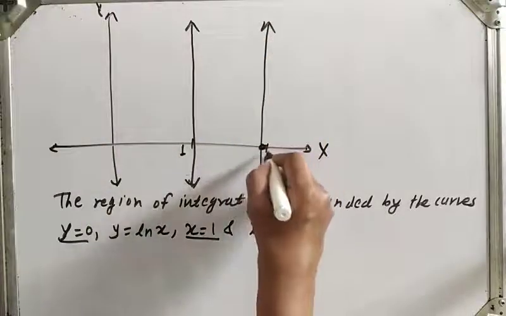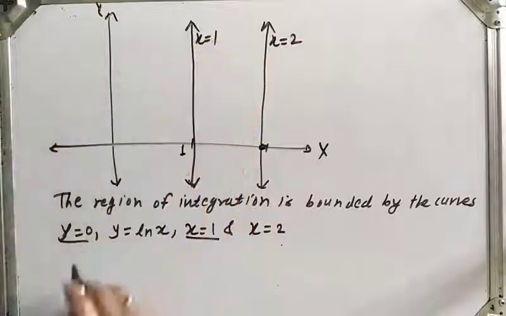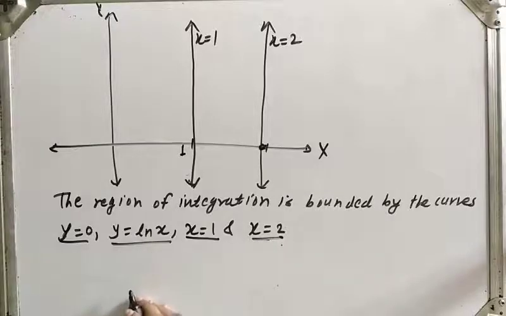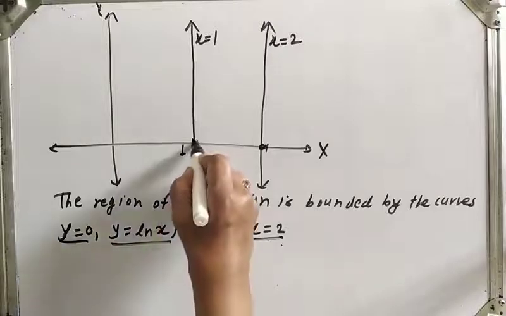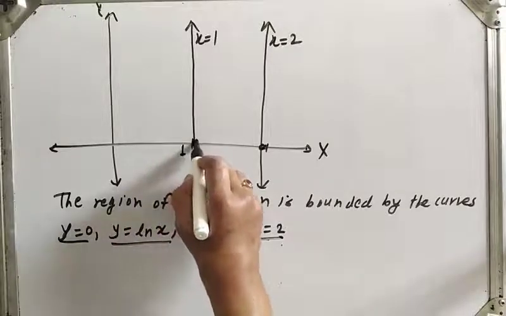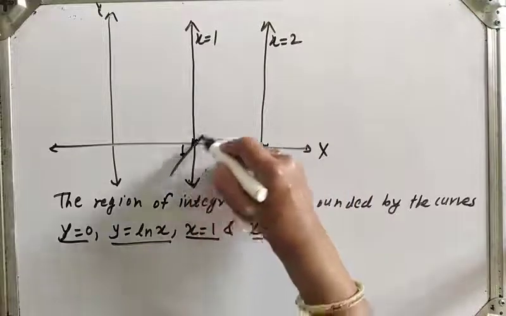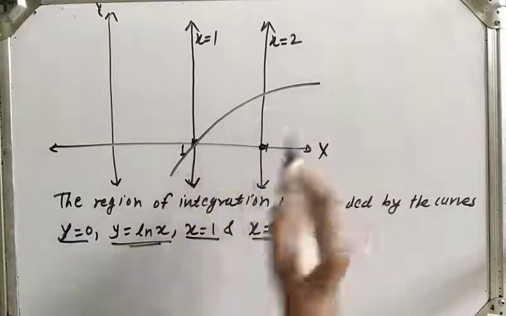Suppose it is 2, then this line is x is equal to 2, and then the graph of y is equal to log x. If x is 1, log 1 is 0. We know this graph is of this type. y is equal to log x, this is the graph of it.